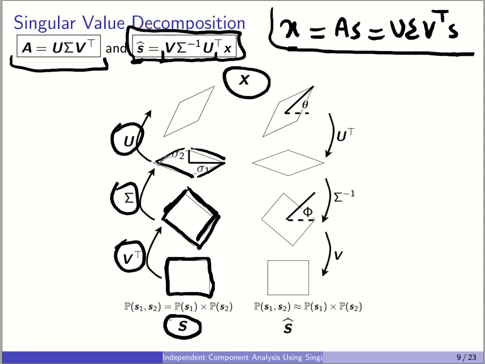Then again we apply another rotation U, and we will have this. Therefore, this is the interpretation of SVD. It applies a rotation, it scales, and again it applies another rotation. Therefore, this figure becomes this. And this is the beauty of SVD.